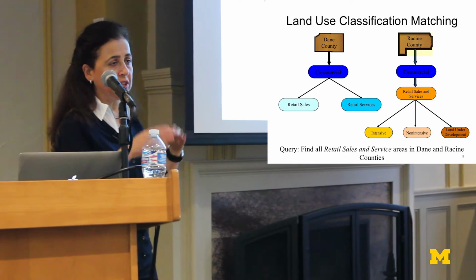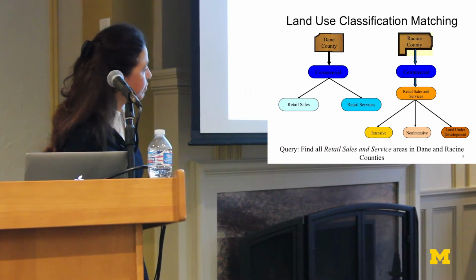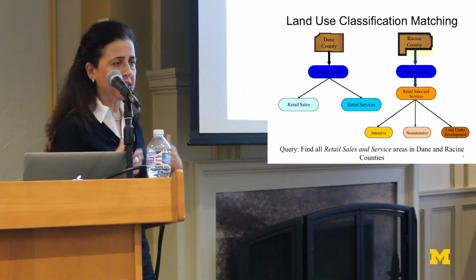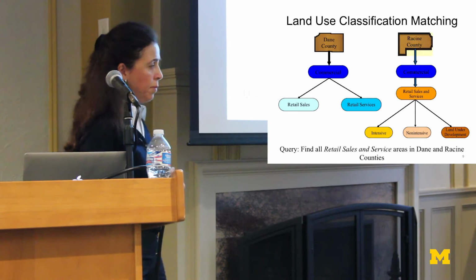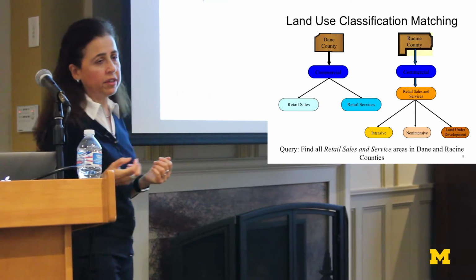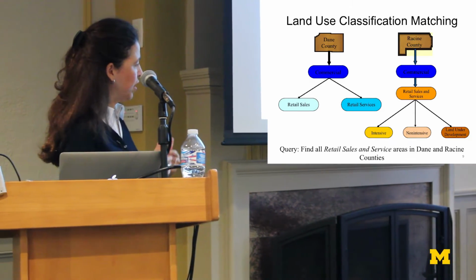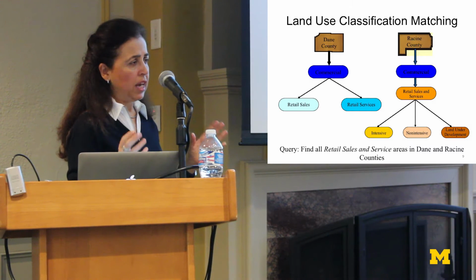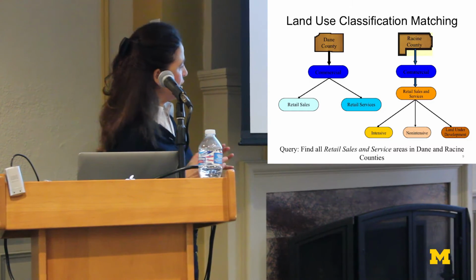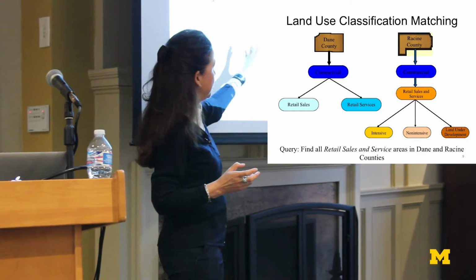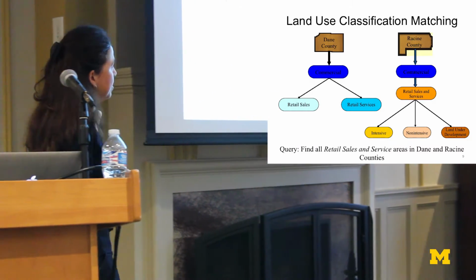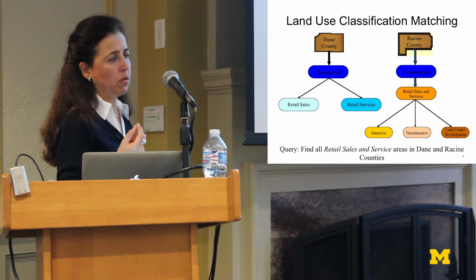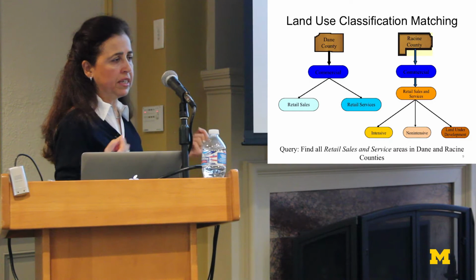If we wanted to do it for the whole state, then we would have to rewrite this query a couple hundred times to accommodate all the counties, all the cities, etc. So you have the idea that the only way of doing this is to have mappings between all of these classification schemes, and so when we pose a query, we pose a single query that gets automatically translated.